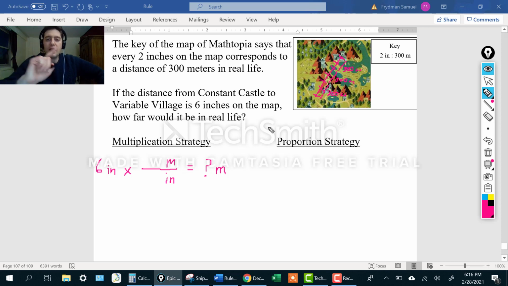And the way that we answer that question is by thinking of it this way. Units cancel out in the same way that numbers in fractions that we're multiplying cancel out.